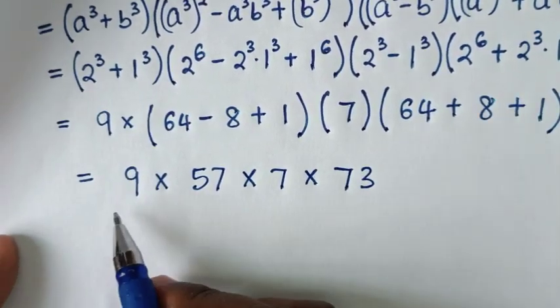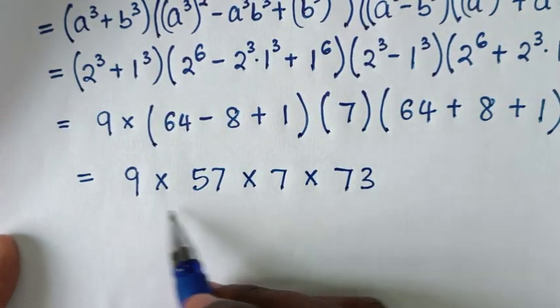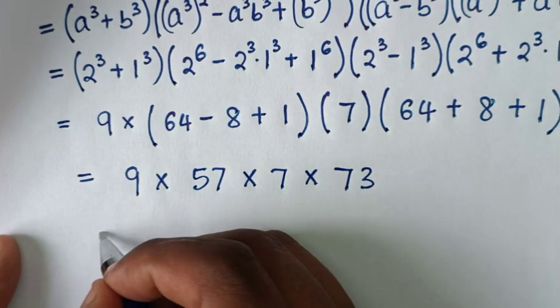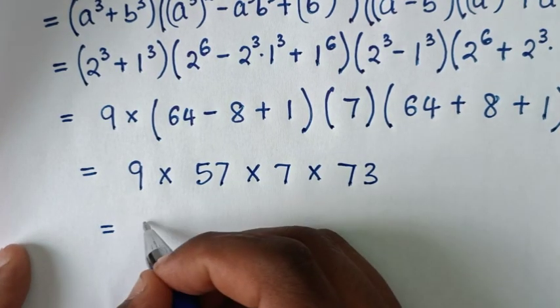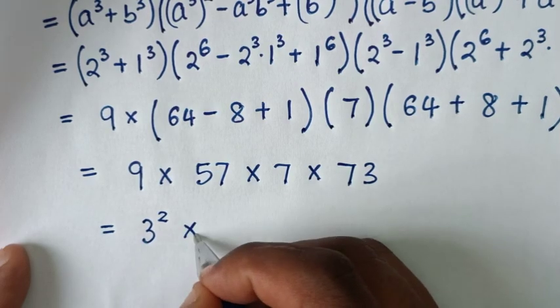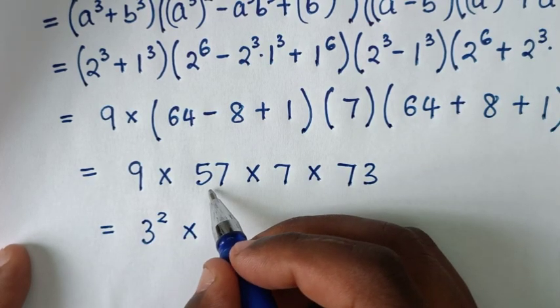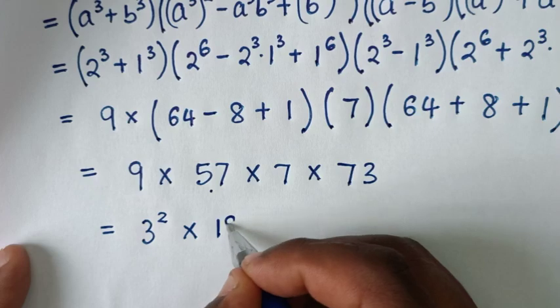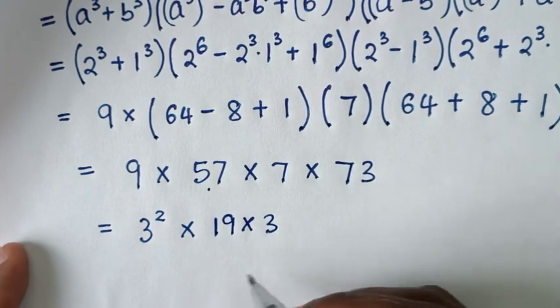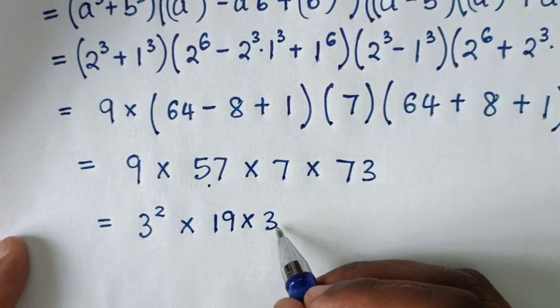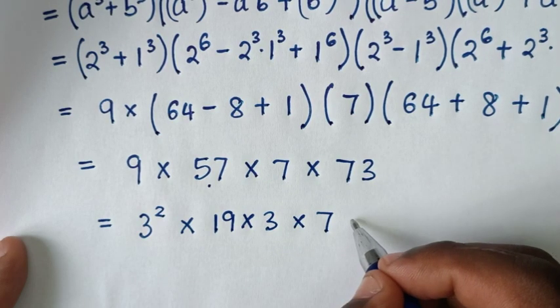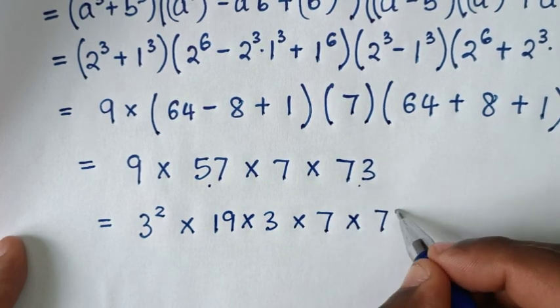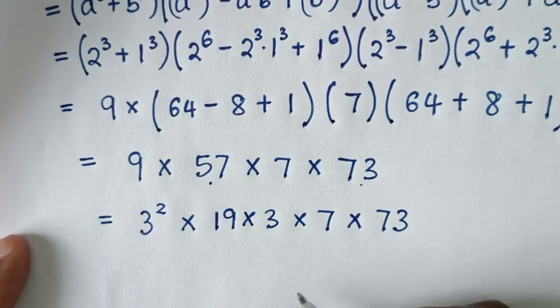Now remember this, we change all this into prime factors. So it will be equal to 9 into prime factors, 9 is the same as 3 squared, then times 57, 57 is the same as 19 times 3, where 19 is prime, 3 is prime, then times this 7 is prime, then times this 73, which is also prime.